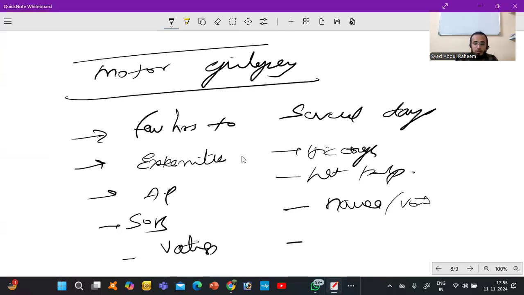Other than that, abdominal pain, SOB, vertigo, nausea, heart palpitation, hiccups, loss of consciousness, frothing from the mouth, dilated pupils, tongue bite. Sometimes in the tonic spasm, if the patient falls down, dislocation will happen.